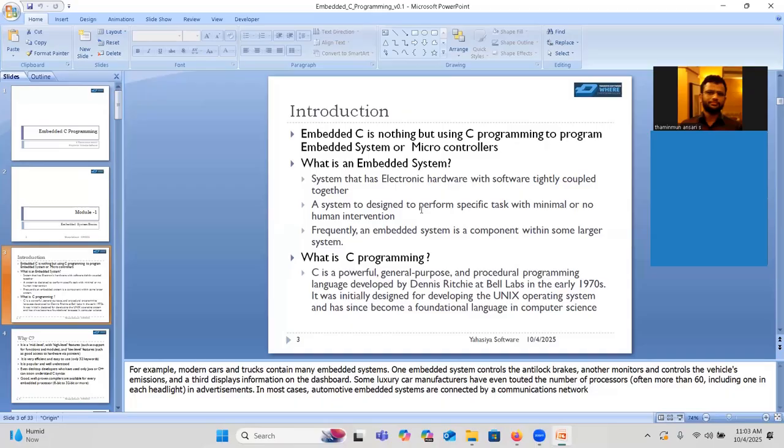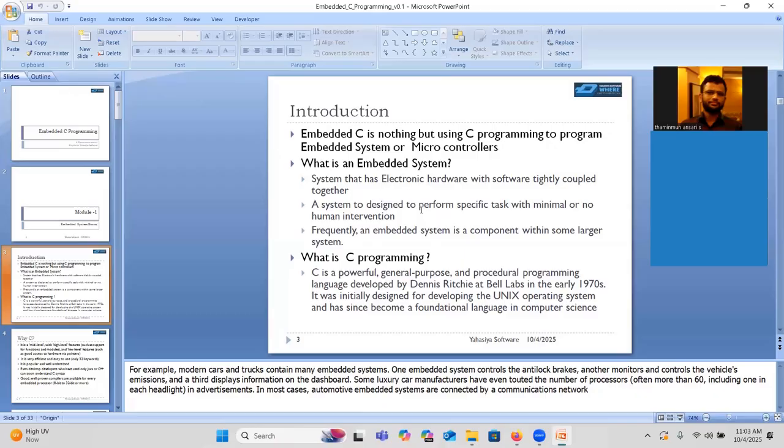And then we have database management systems, like Sybase. Those famous DBMS were also written using the C programming language only.